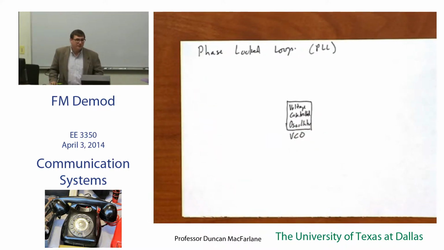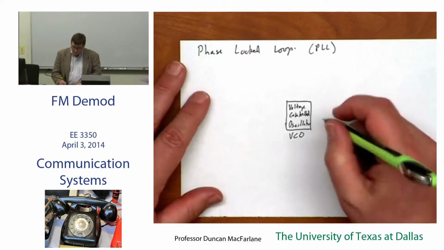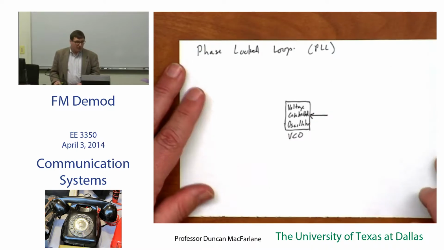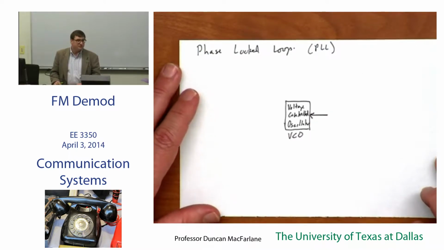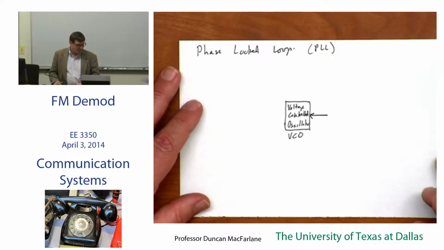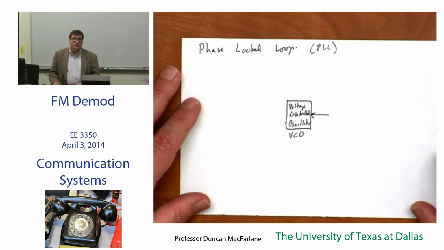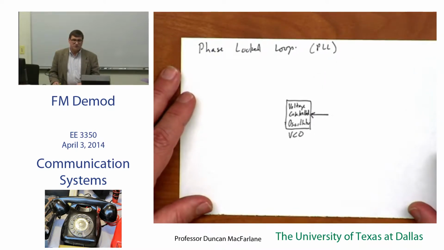The input to the voltage-controlled oscillator is a voltage. The output is a sinusoid, whose frequency depends on the voltage.